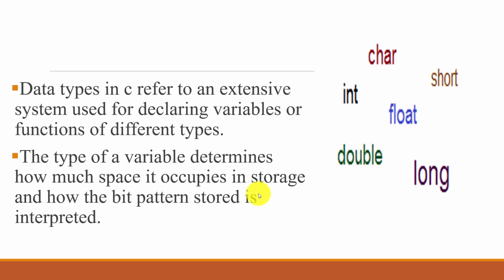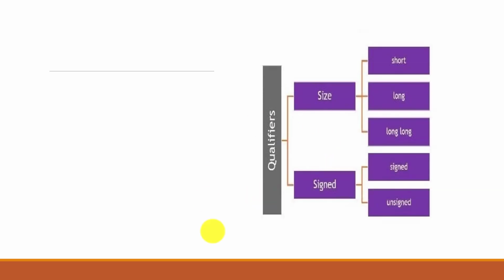According to the user requirement, the qualifier can be divided into two parts, that is size and sign, the size of the data type and the sign of the data type. Again the size can be divided into short, long, or long double.